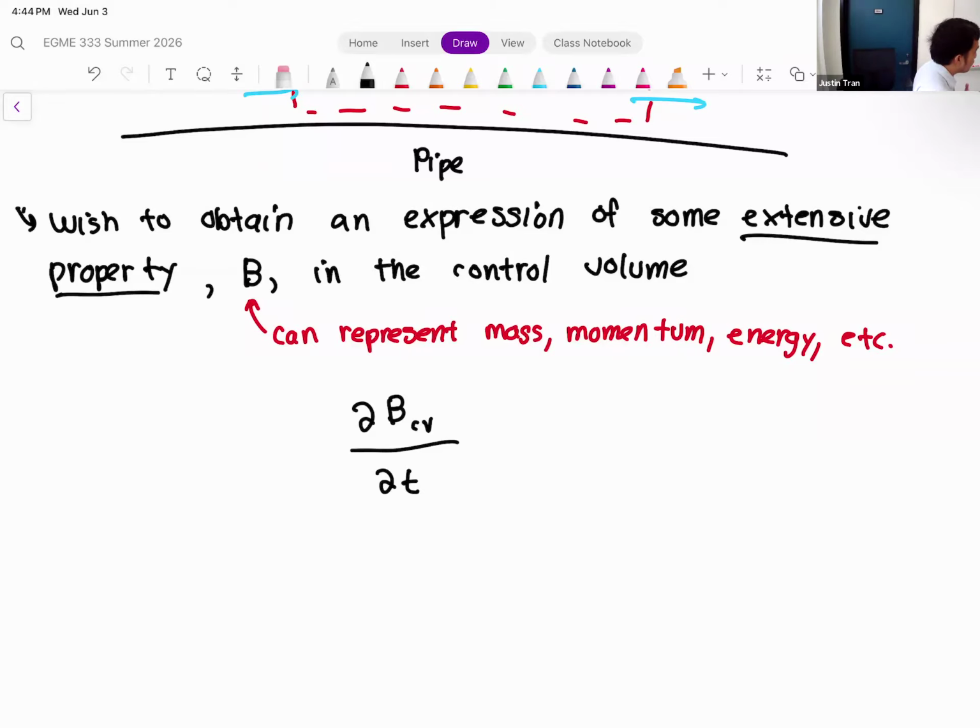But this here represents the rate of change of B within the control volume, so that's why I give that subscript. So partial B CV, partial t, the rate of change of B within the control volume.